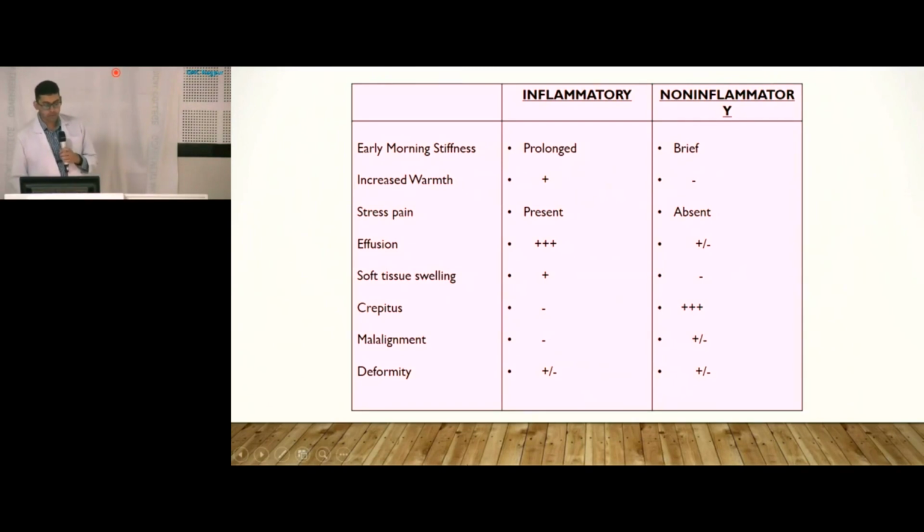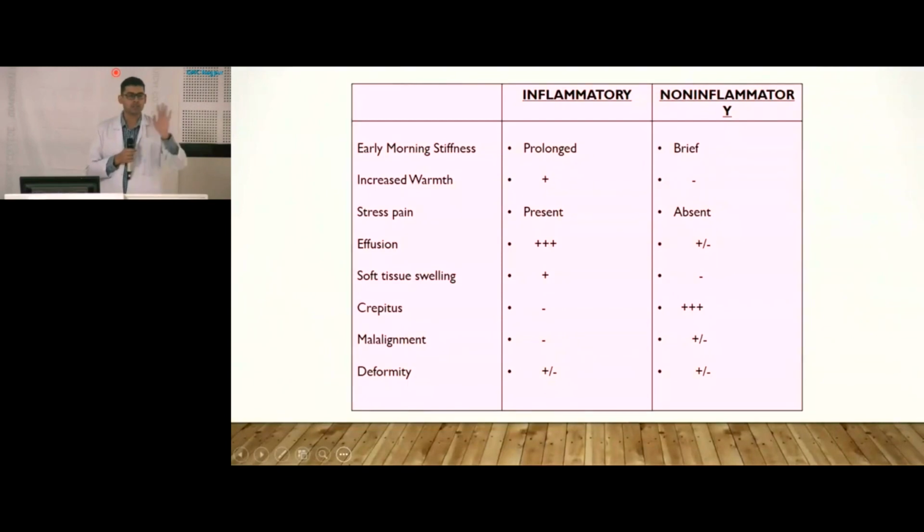Crepitus, an important one. In fact, most of you must have heard this peculiar complaint from your patient that whenever they walk, there is a cracking sound, like the sound of a papad being crushed, from the joints. So this is nothing but the joint crepitus we are talking about. The intra-articular structures have undergone hypertrophy as well as sclerosis because of persistent disease activity, so whenever there is a movement, whenever there is apposition of these structures, it produces that peculiar sound called crepitus.